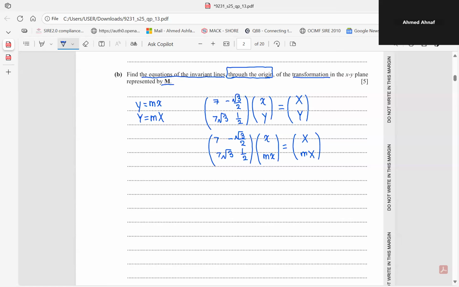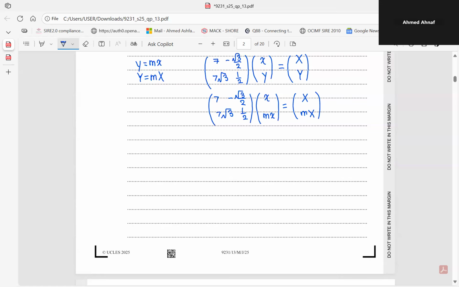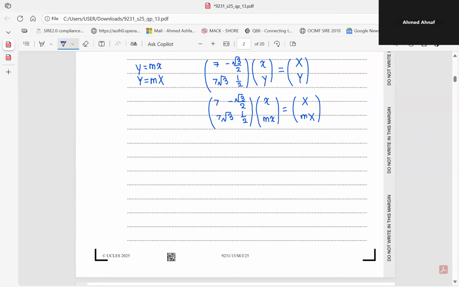Okay. Now we're going to evaluate the left-hand side of this equation by multiplying these two matrices. To multiply matrices, first notice the number of rows and columns each matrix has. The first one has 2 rows and 2 columns. And the second one, x, mx, has 2 rows and 1 column.